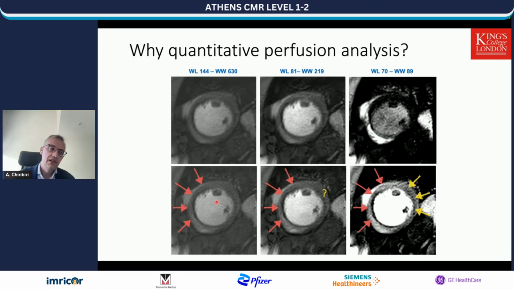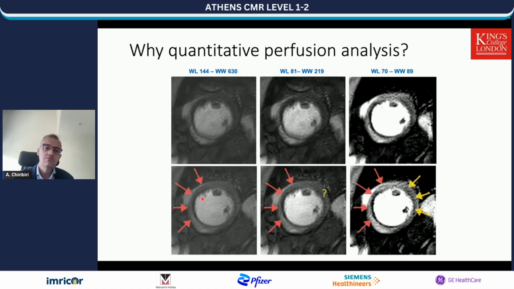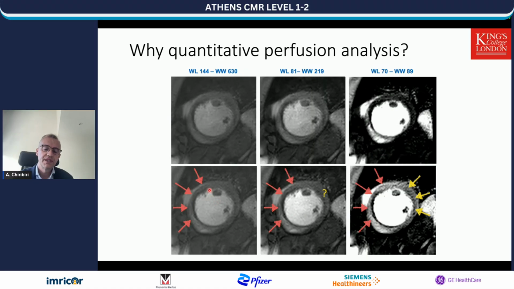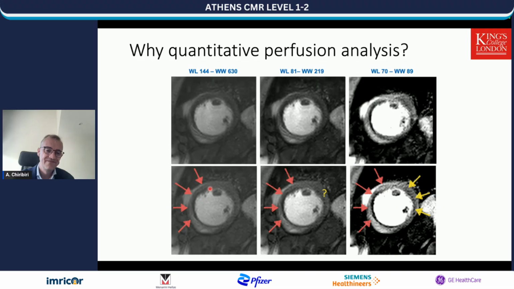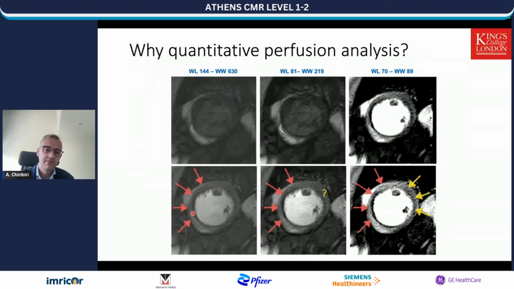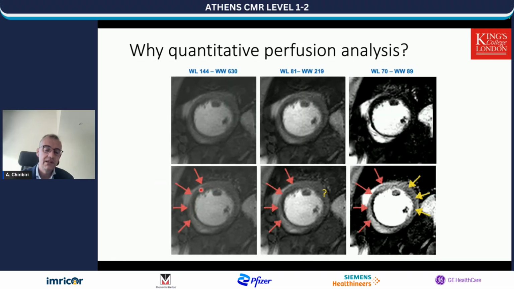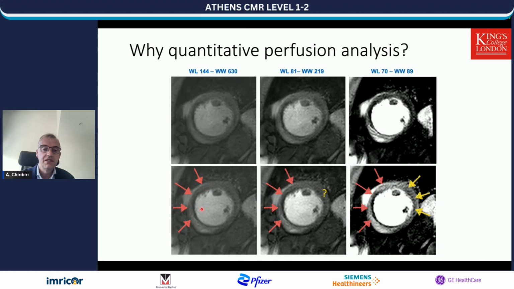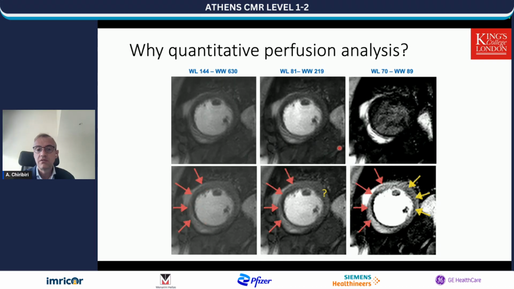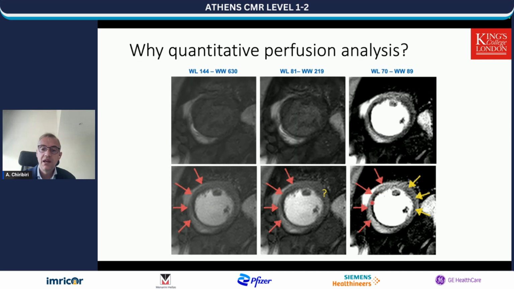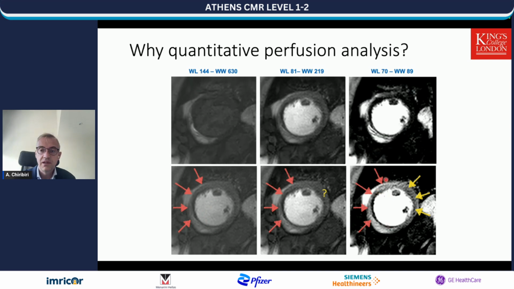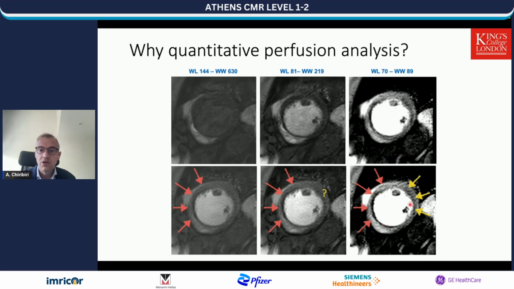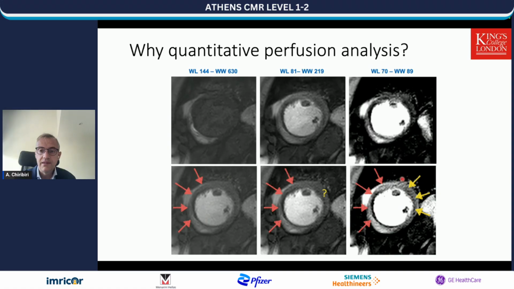So based on the level of grayscale, we can move from a very specific diagnosis, where we only pick up LAD disease. So we give away a little bit of our sensitivity to be more specific, and that will be a single vessel disease. And if we go all the way to the right, we'll still have a perfusion defect in the LAD territory, but there will also be a perfusion delay in the lateral wall.